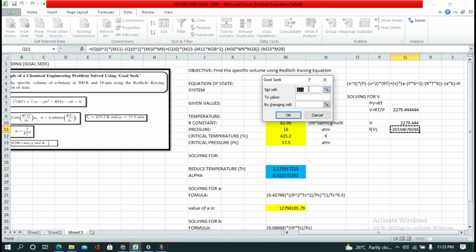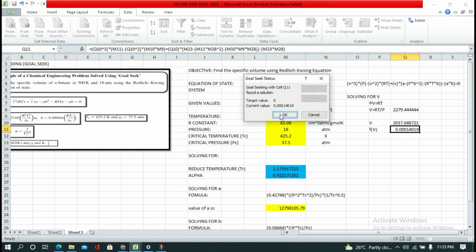Our set cell is this one, to value of 0, since it is stated in the Redlich-Kwong equation that it should be equal to 0. And our changing cell is the cell of our volume, in here. The result of this goal-seek is our value of the specific volume. Then click OK.